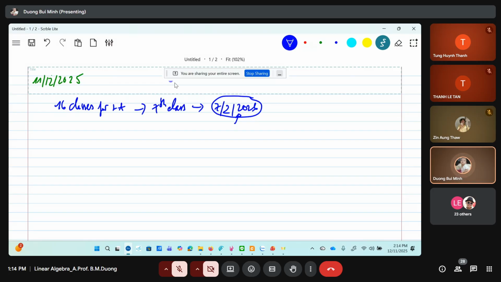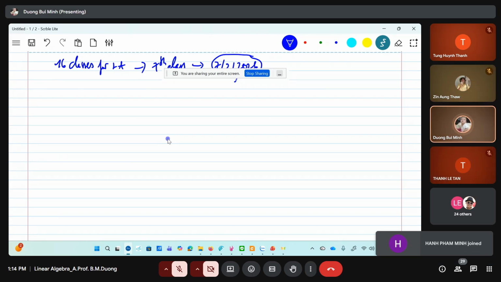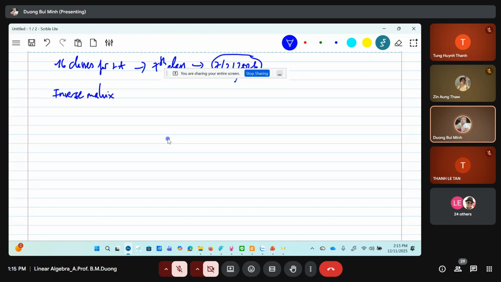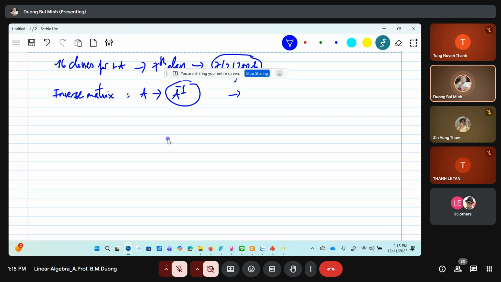So we review a little bit the content of lecture 1 part 3 we studied last week. We discussed the inverse matrix. If we have matrix A, we would like to determine the inverse of A. So we arrange A and then the identity matrix I, and then we apply Gauss-Jordan elimination.